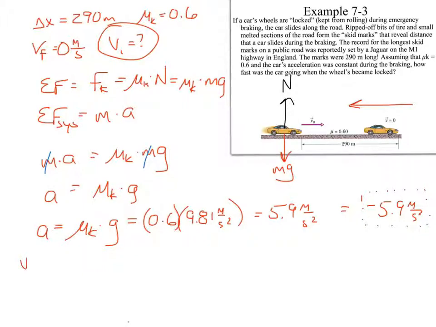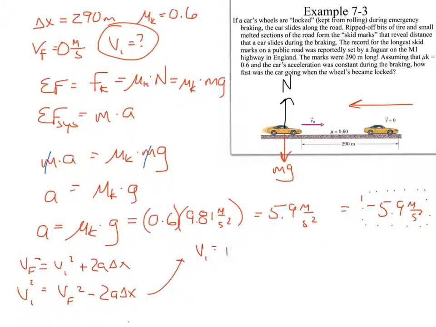We say v final squared equals v initial squared plus 2 times our acceleration times our displacement, right? So v initial squared equals v final squared minus 2 times our acceleration times our displacement. Let's now solve for initial velocity.